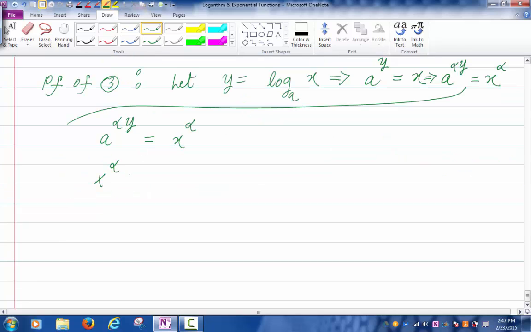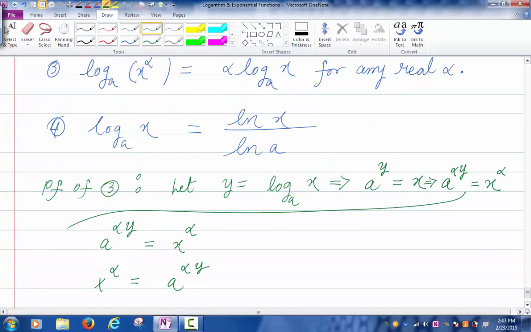X to the alpha is a to the alpha y. Now, what is a to the alpha y?